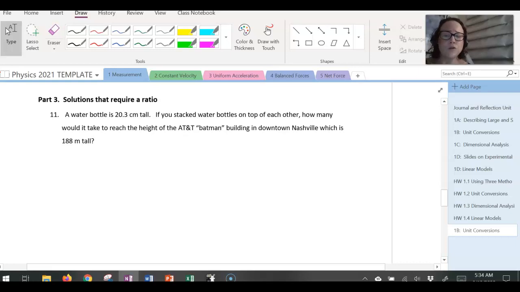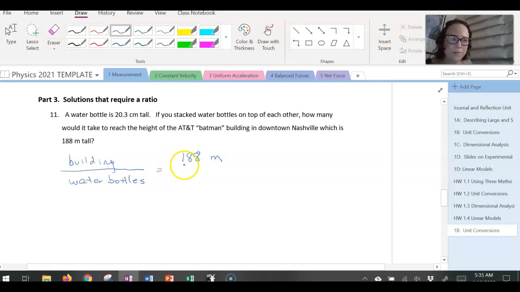And that building is 188 meters. So I'm trying to figure out, in the height of the building, how many water bottles could fit. So I think I want to do this kind of ratio, and if I use the information that the problem is giving me, the height of the building is 188 meters, each water bottle is 20.3 centimeters.